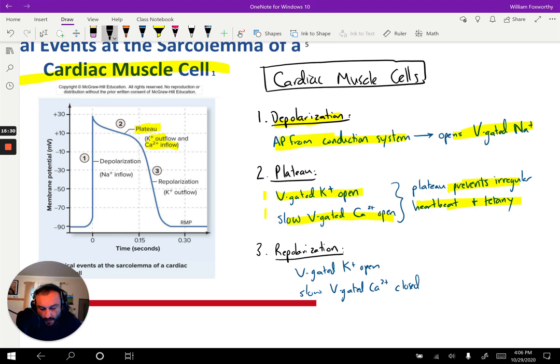This whole cycle has to finish, and that plateau makes the cycle take longer to finish, and that prevents, again, tetany, which would be the seizing up of your heart, and irregular heartbeat. And repolarization is accomplished, as it usually is, by potassium leaving through the voltage-gated potassium channels. And at this point, the voltage-gated calcium channels are closed.